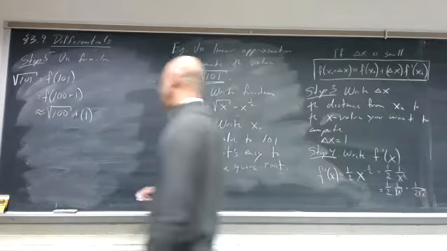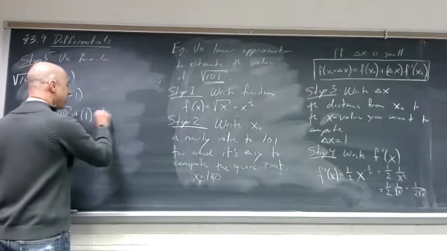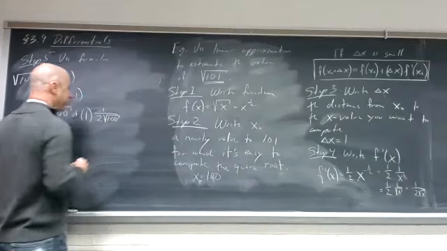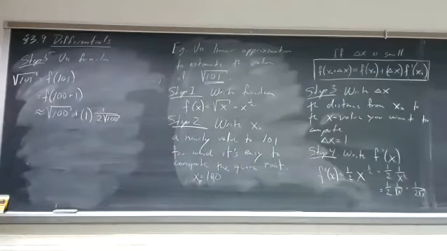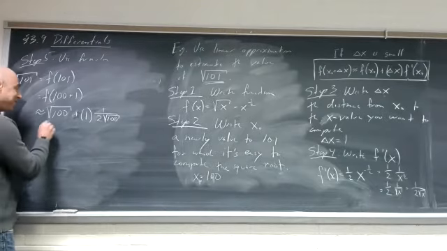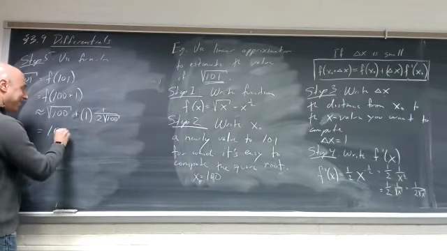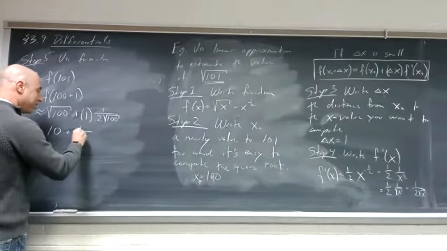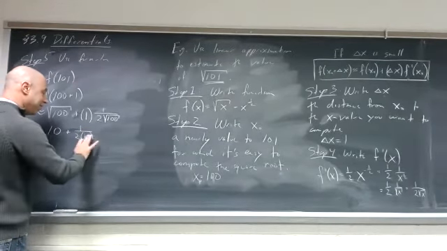So f prime of 100 is 1 over 2 root 100. I mean, we could pull out a calculator at this point, but I don't think we really need to. So this is equal to root of 100, of course, is 10 plus 1 times 1 over 2 times 10.